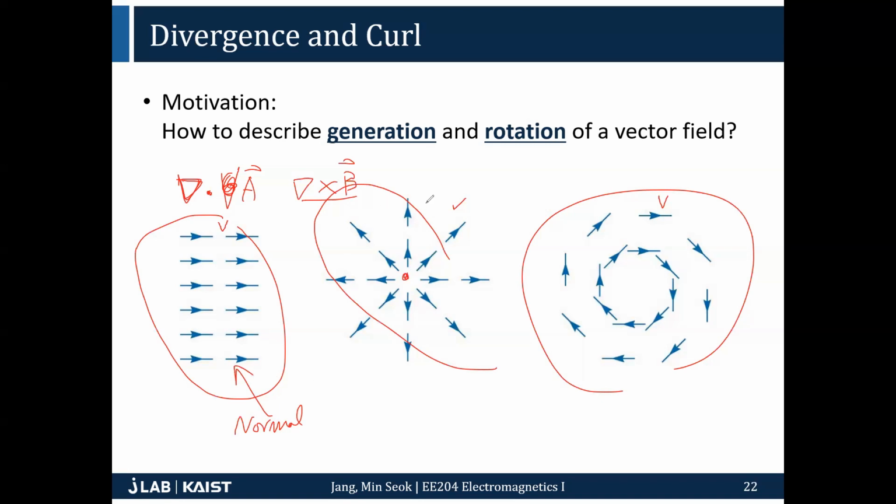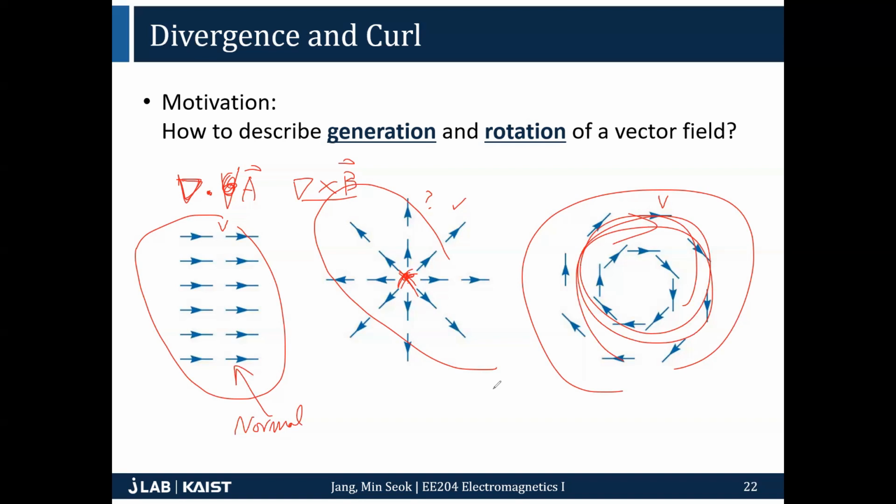But this one is strange: you have a special point here, and from here things are diverging. And this one is also special in the sense that it looks like it's rotating around.